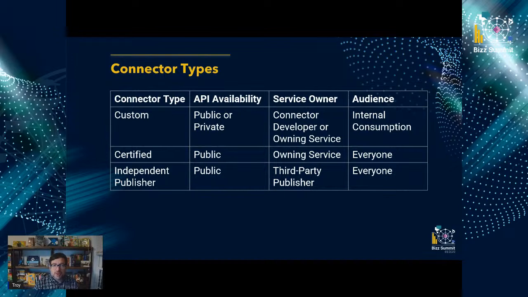I've pretty much gone over this. The difference mainly between a certified published connector for a third-party service and an independent publisher connector is that the certified connector is created by or for the service. So let's think about things like Dropbox or any of the main services that are in the platform as connectors.